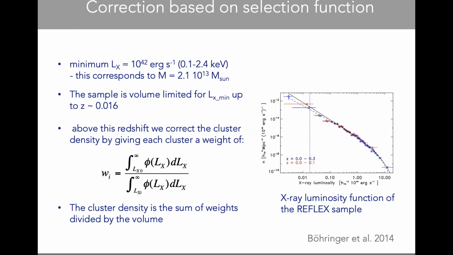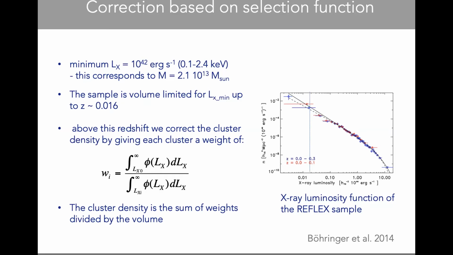We integrate over the luminosity function of what we can observe at a certain sky position and redshift, and then normalize it by the luminosity function integrated over the whole luminosity range up to the minimum luminosity. And from that we get a weighting factor, and every galaxy cluster that is too far away, outside the volume limited sample but in the flux limited sample, gets a weight for what we are missing.